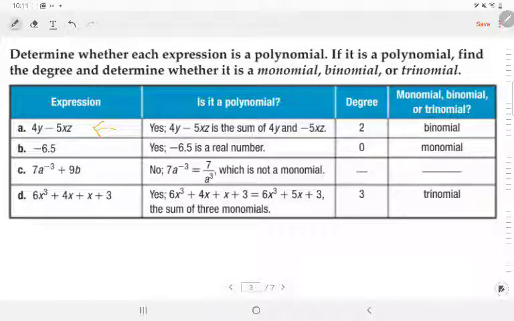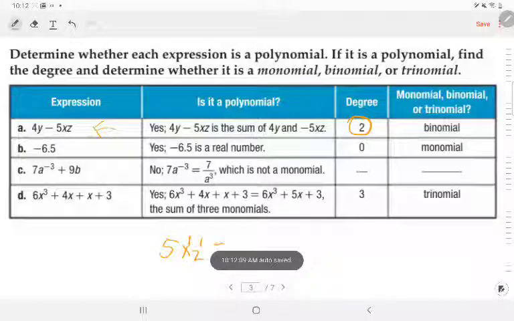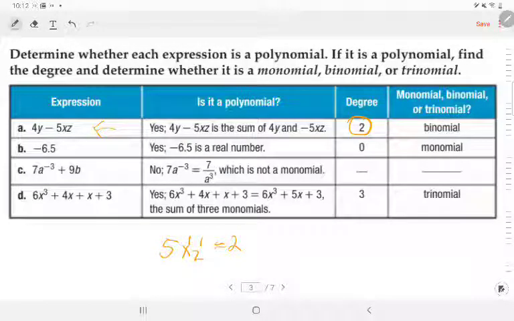Now it's the second degree. How it's the second degree is because of these two monomials that we're adding together, 5xz would be 1, 1. We add those together, so the sum would be 2. So that means the degree would be 2, okay?